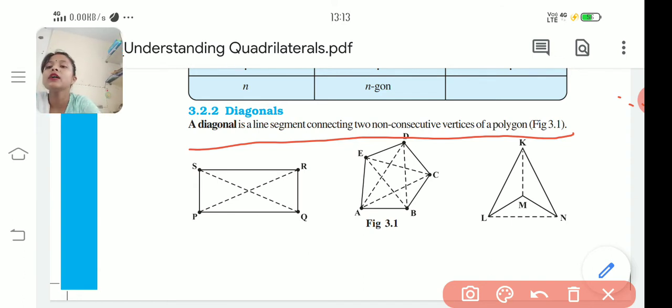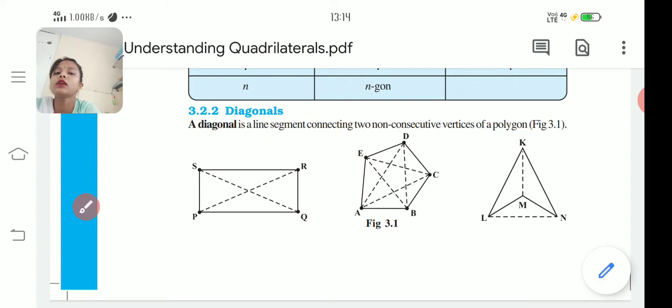Non-consecutive means those which do not have a common vertex as well as a common arm. They are the non-consecutive vertices.